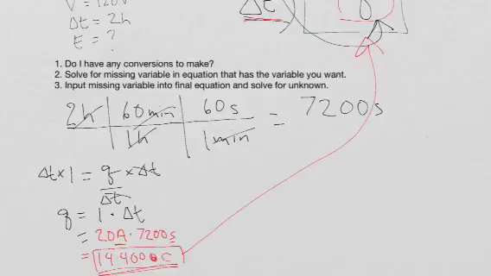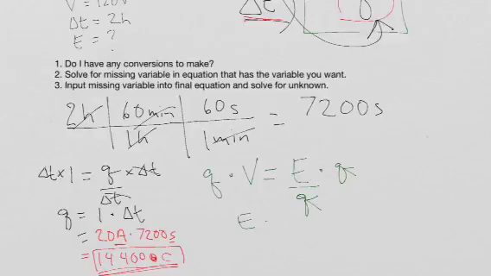So part 3 of this: input missing variable into final equation and solve for unknown. Well, let's do that. My final equation, V is equal to E over Q. Do I need to rearrange this? Sure do. Going to get rid of Q on the bottom.